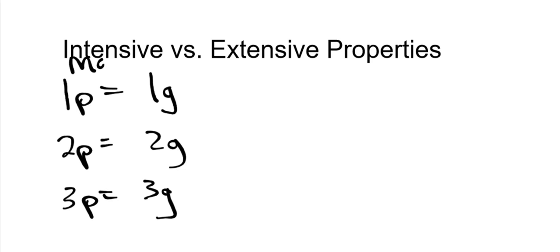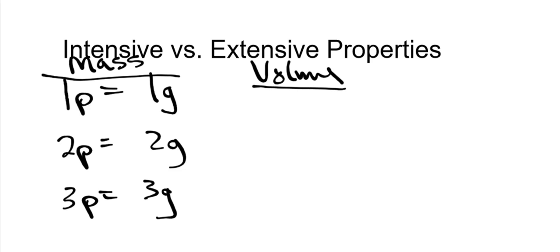So this is mass. The volume, I don't know, I'm going to make this up, but let's say that the volume of 1 penny, it occupies 2 milliliters. Then 2 must occupy 4, and 3 must occupy 6 milliliters.